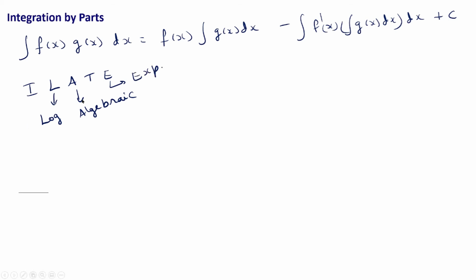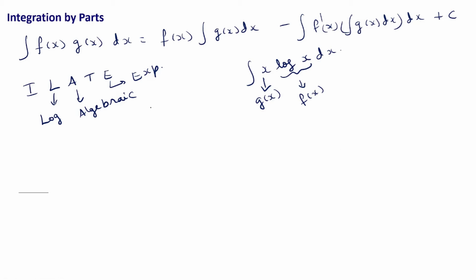So we can use this order ILATE so that we take the first function in this order and the second function which comes after this. Say for example, if we want to integrate integral x log x dx, according to this order, we can take the first function as log x. So log x can be taken as f of x and x is an algebraic function. Here x can be taken as the second function, which is g of x, and we can integrate by parts.